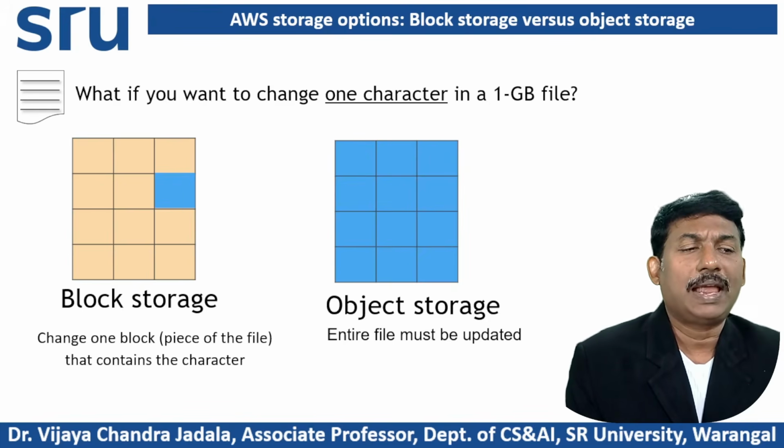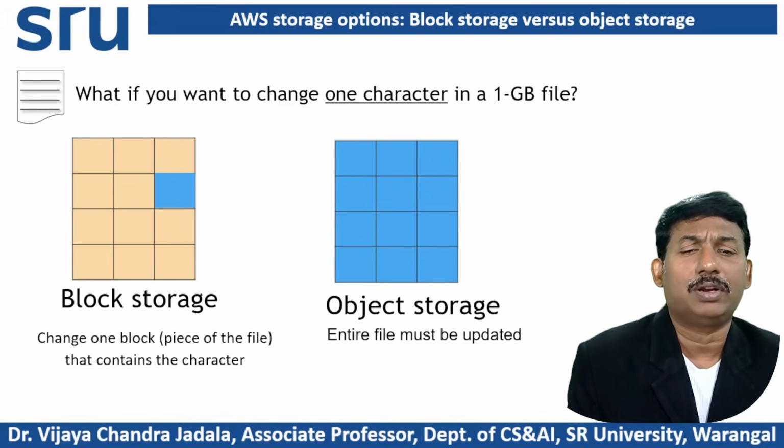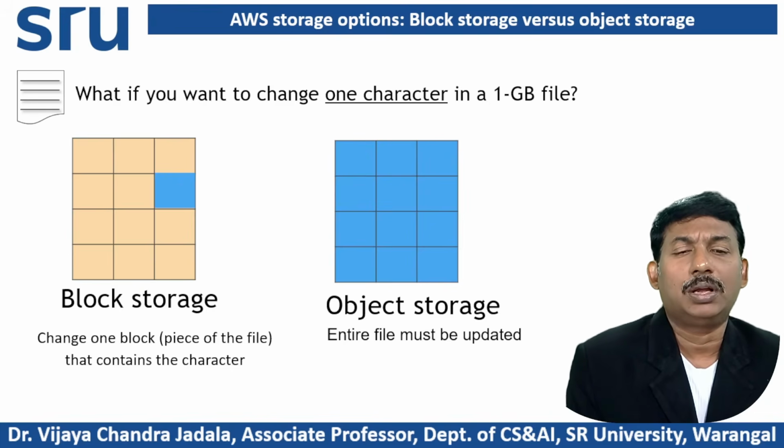Then comes Elastic Block Storage, which enables you to create individual storage volumes and attach them to the Amazon EC2 instance.